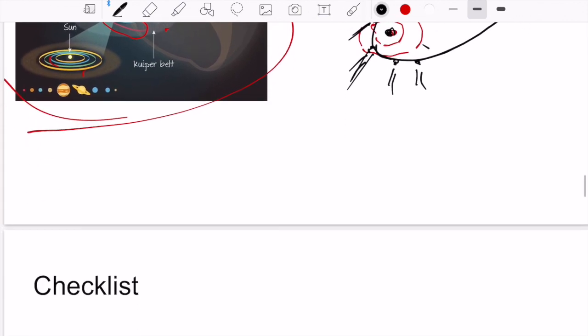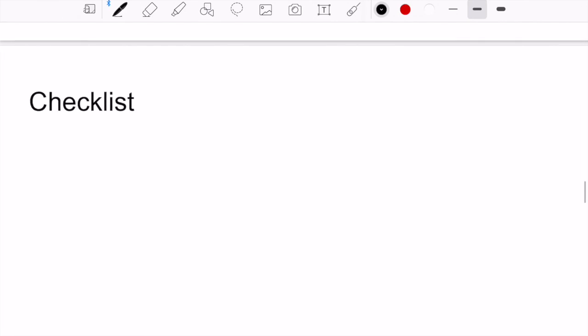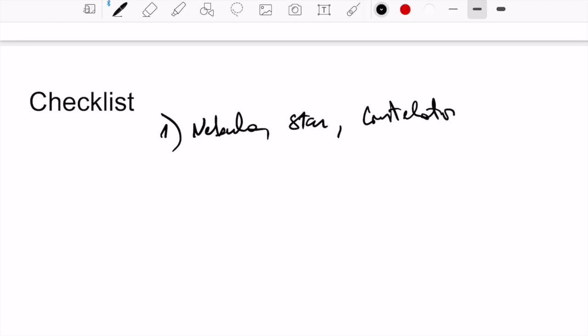What do we need to then checklist? Let's see, what have we learned, or what is important to learn from the first lesson? Distinguish between nebula, star, constellation, planet, comet.